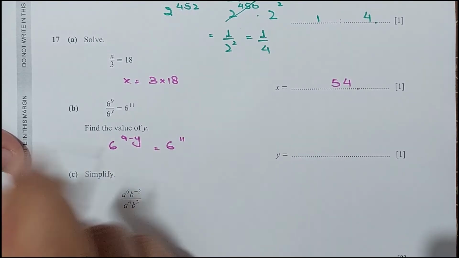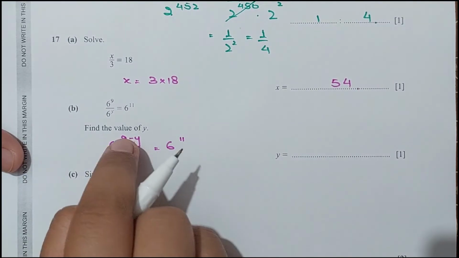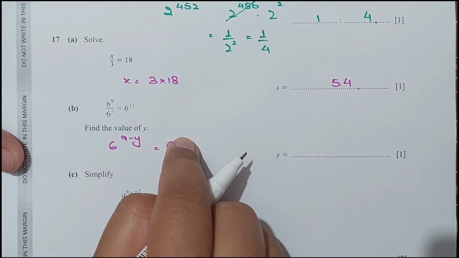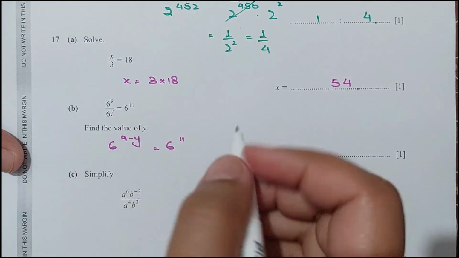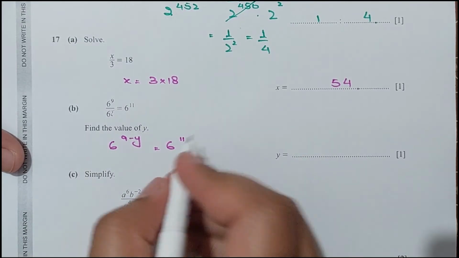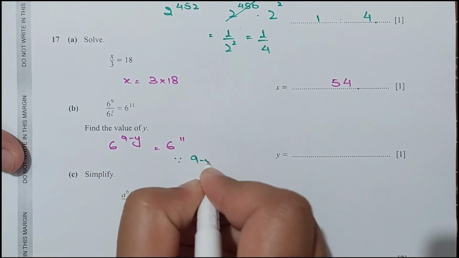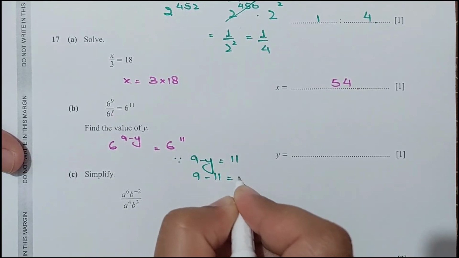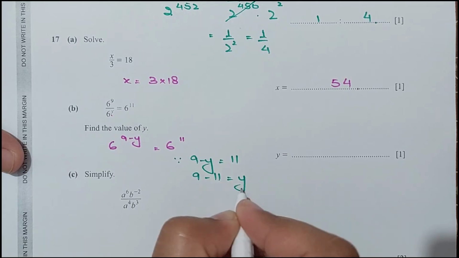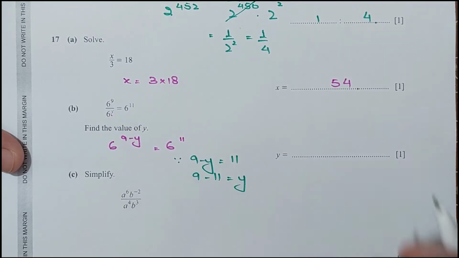When the bases are the same, we can just compare the powers. Now here we have the powers and the division, so I shift it into the numerator to make it positive. Now here 9 minus y would be equal to 11, and 9 minus 11 equals y. Shifting to the other side, 11 becomes negative. So negative 2 is the y value.